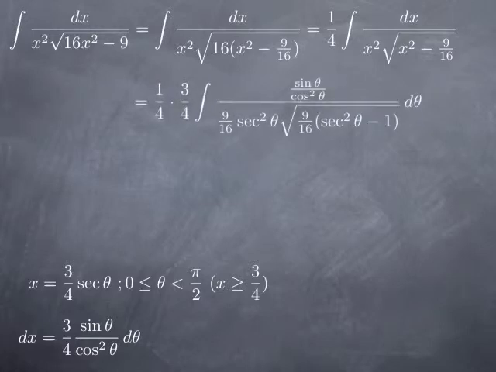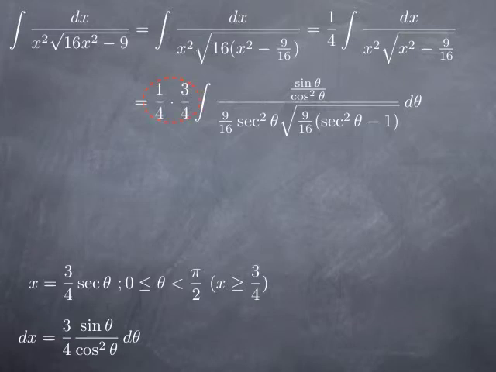So we have this 1/4 in front that is multiplied by the 3/4 from the dx, and then at the bottom x squared is multiplied by 9/16 of secant squared, and similarly under the square root. That means that under the square root we can factor out 9/16, and we're left with secant squared theta minus 1 under the root.